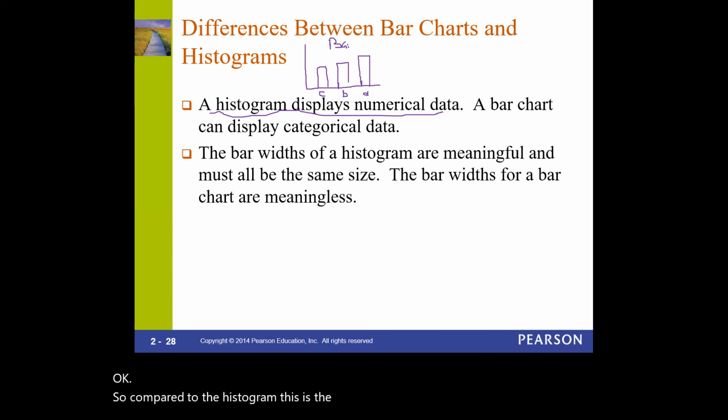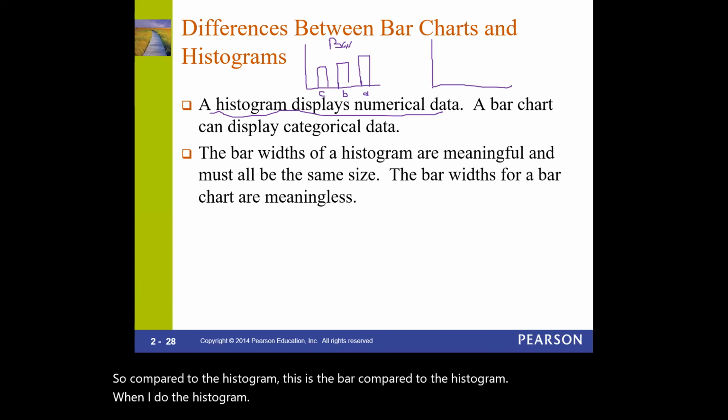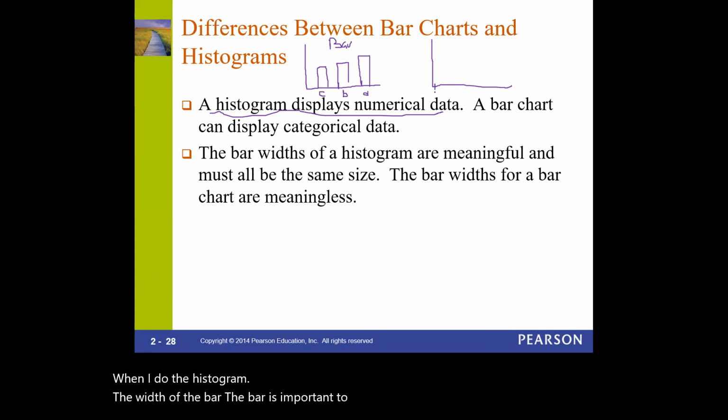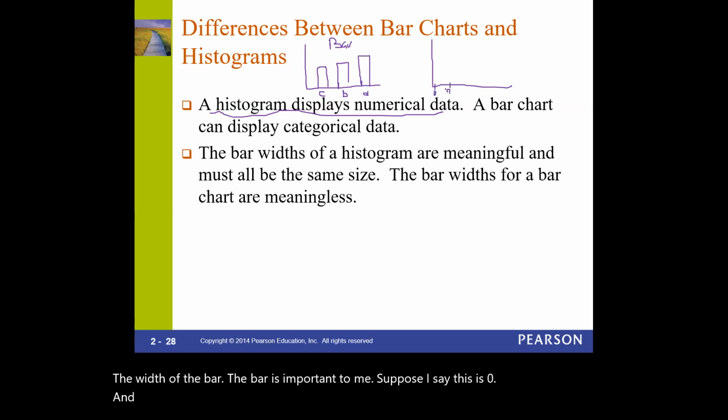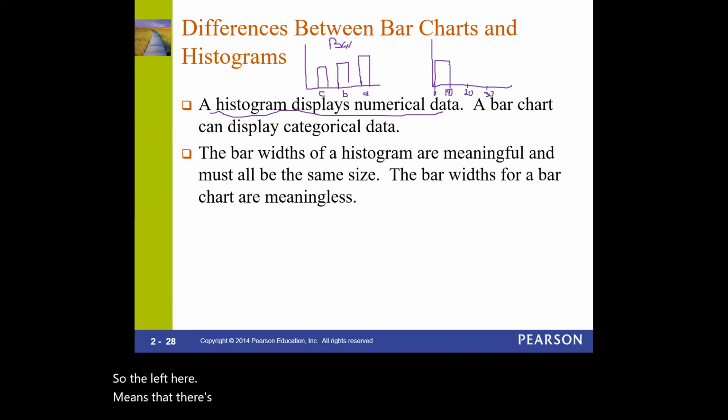Compared to the histogram, when I do the histogram, the width of the bar is important to me. Suppose I say this is 0, and this is 10, and then that'll be 20, that'll be 30. So the length here means that there's a width of 10 for each one of them.